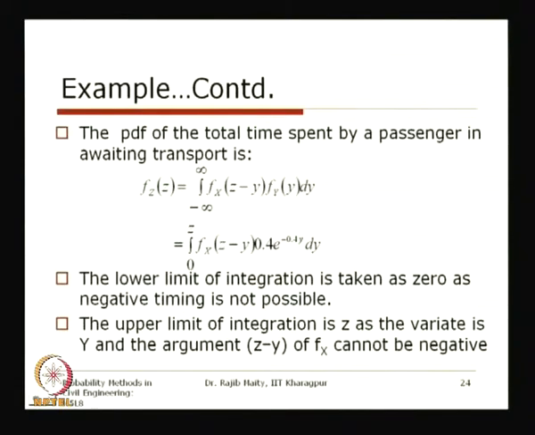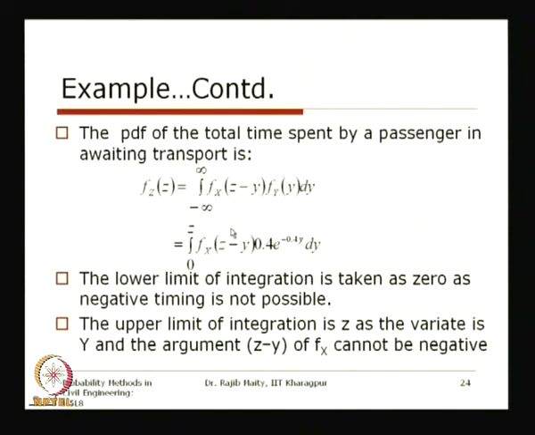Now we have to see what the upper limit for this y is, against which we are doing the integration. The upper limit of y can never be more than z, because z is nothing but x plus y. Even so, the minimum value that x can take is 0.